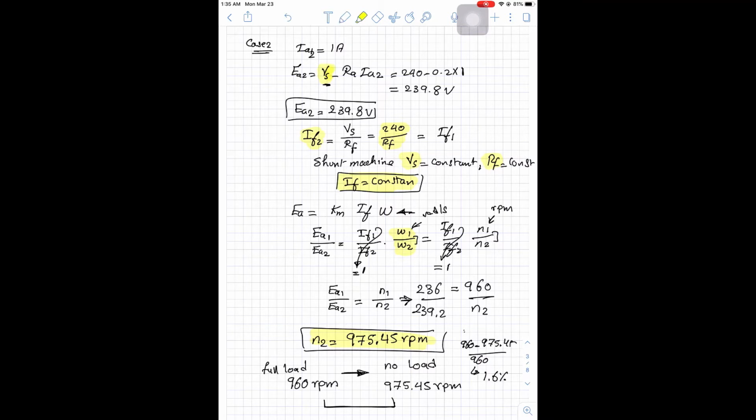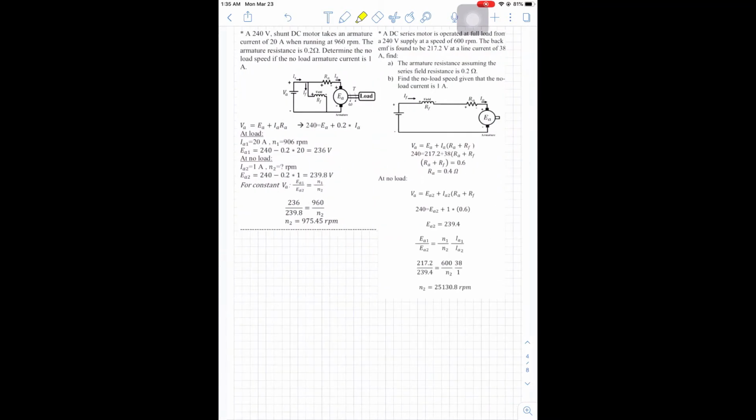This means the machine speed will change by 1.6% between no load and full load. And now we can write down this important claim. So let's go to the next page to see a comparison between shunt and series machine and write down this claim.